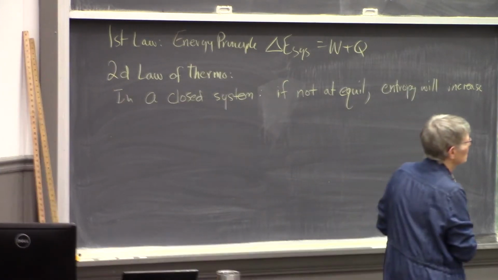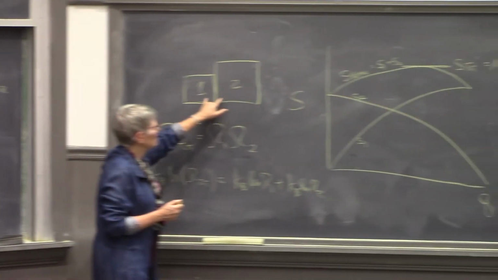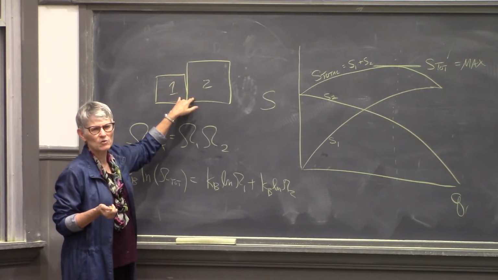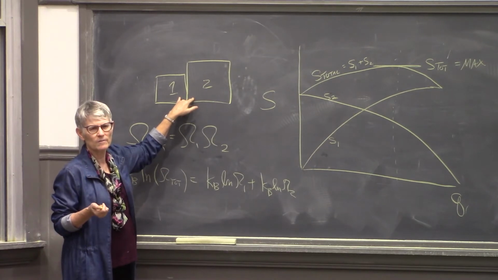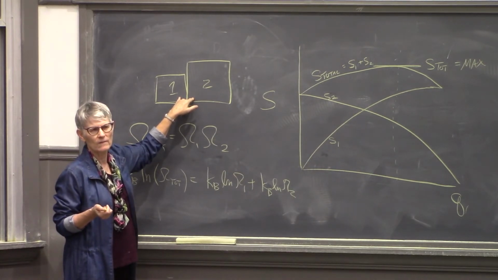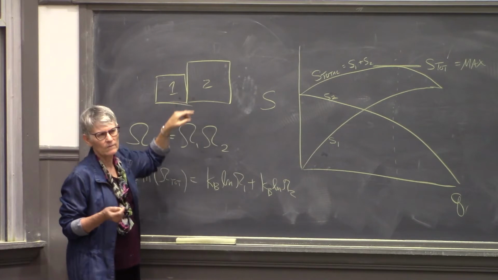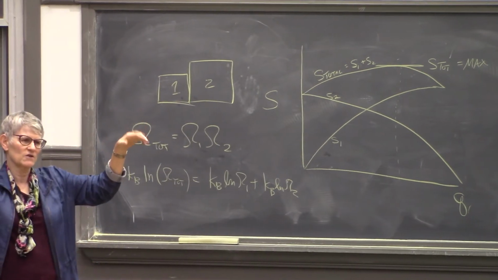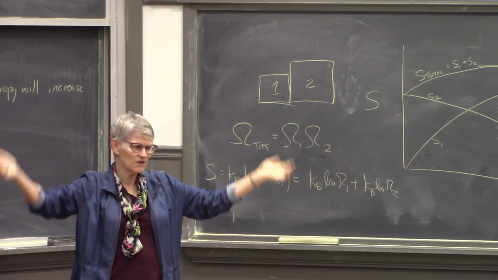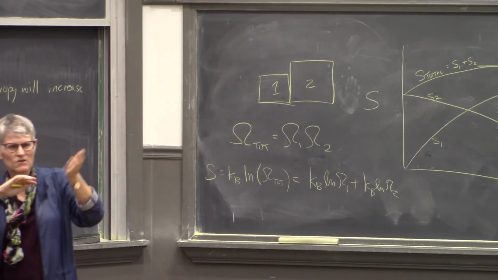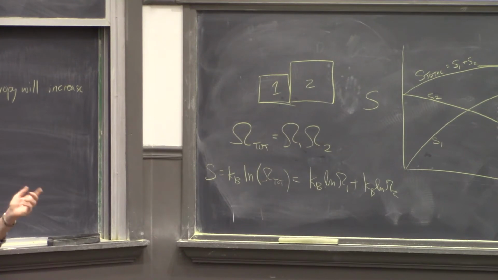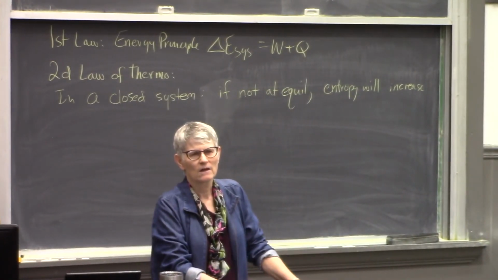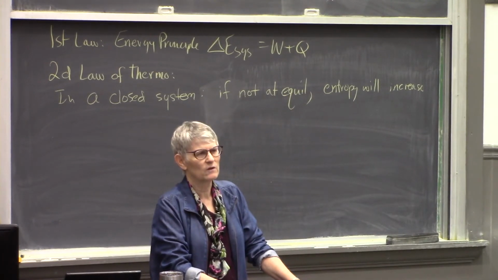Now, what is it that's the same for these two blocks when they are at equilibrium? So we did problems in chapter 2. We put two blocks, different sizes, different heat capacities, different initial temperatures. We put them together. We figured out what was going to happen. And what ended up being the same between the two blocks?